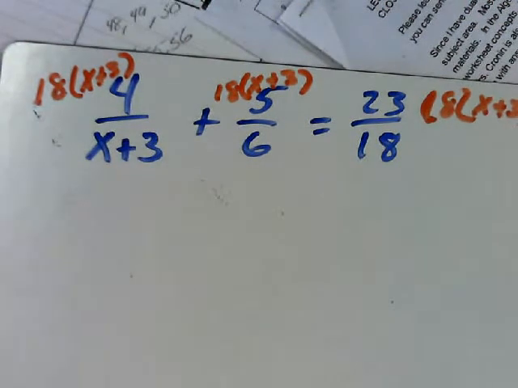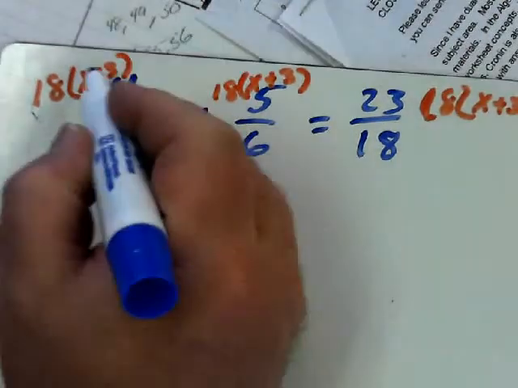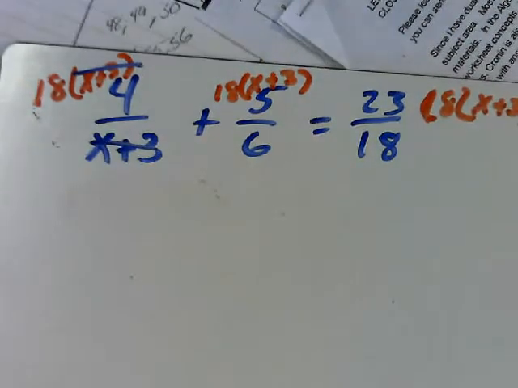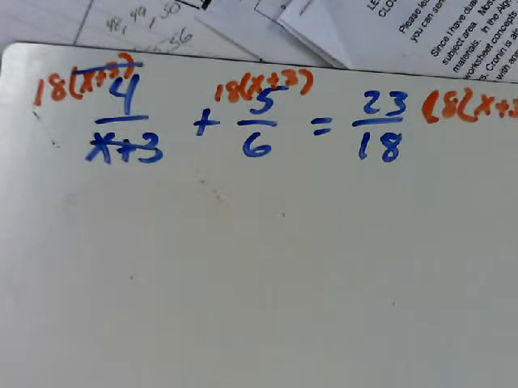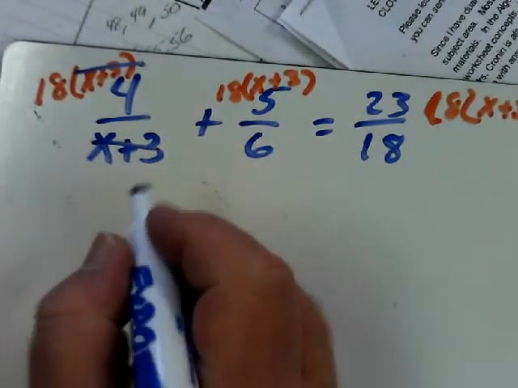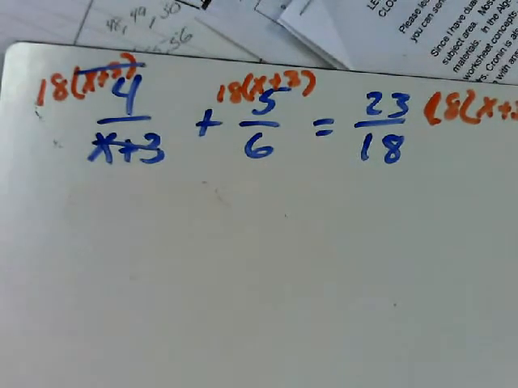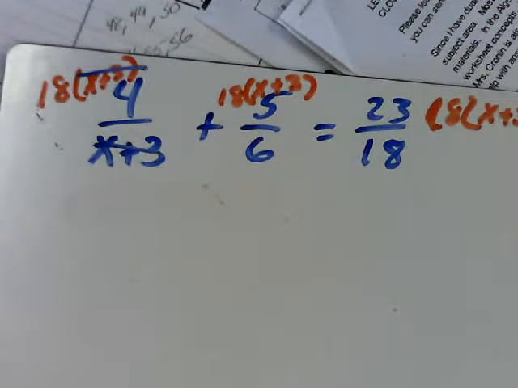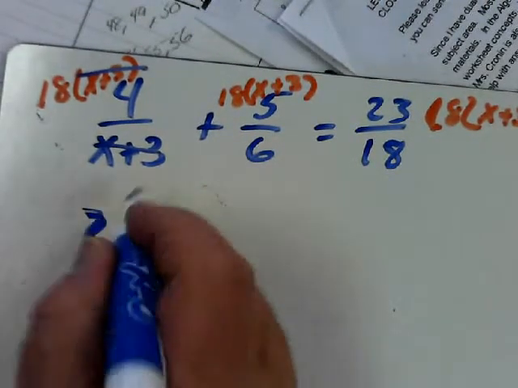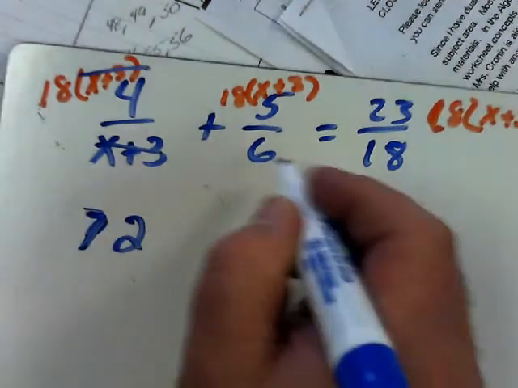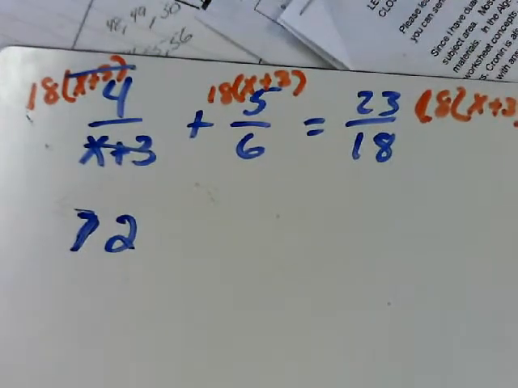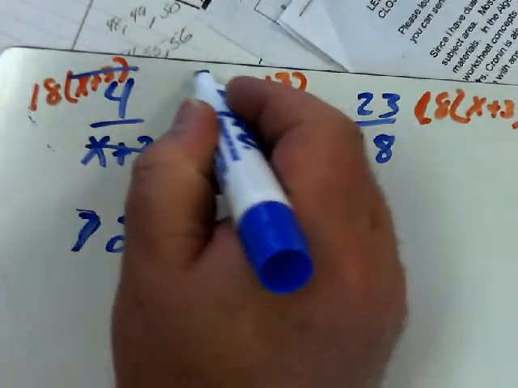So if I multiplied those, to go from this to this, these would cancel, correct? So what's 4 times 18? 72. What will cancel here? 8, 15, 18.